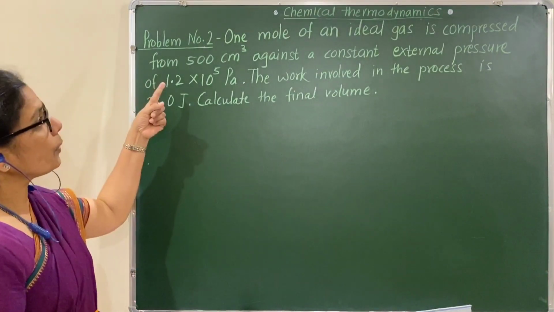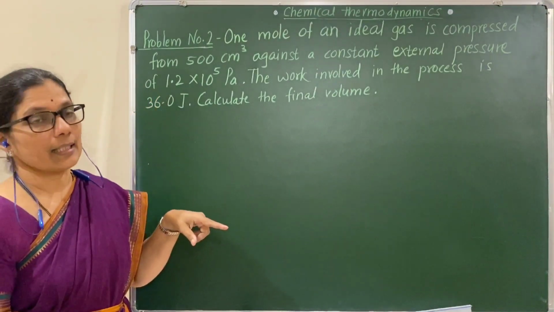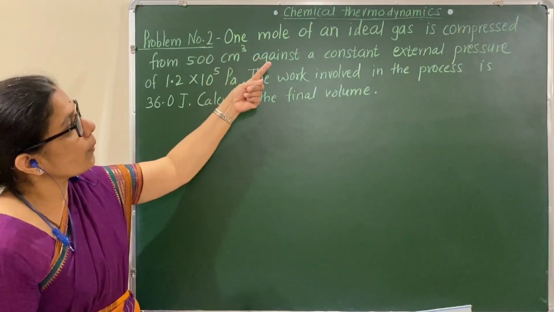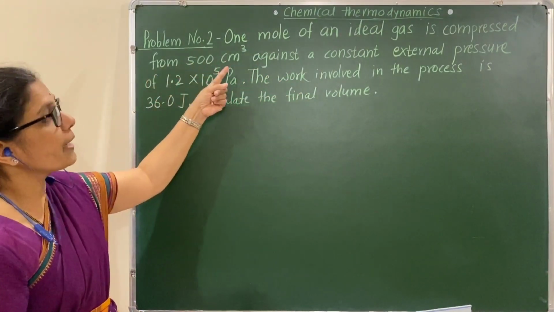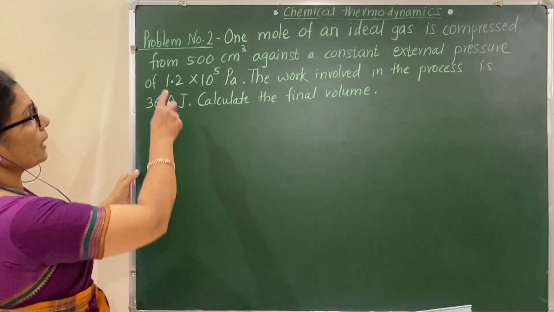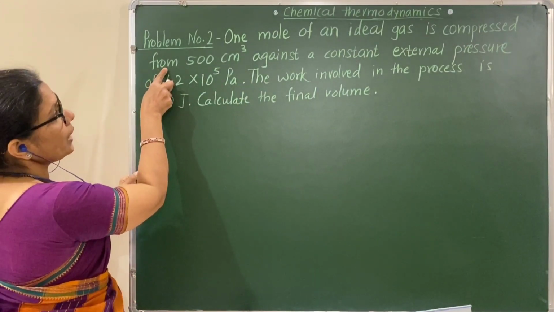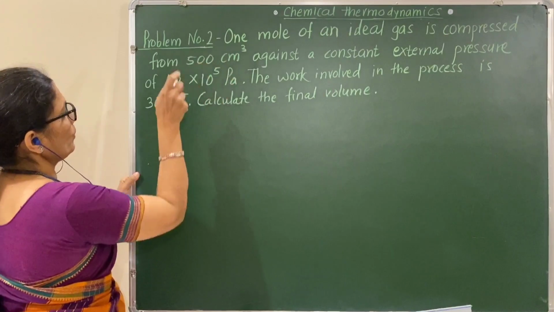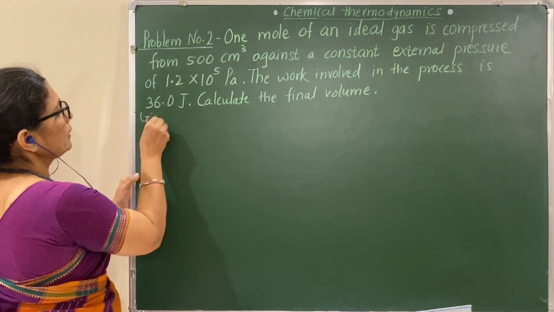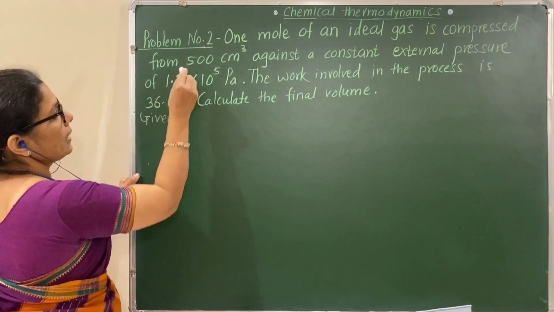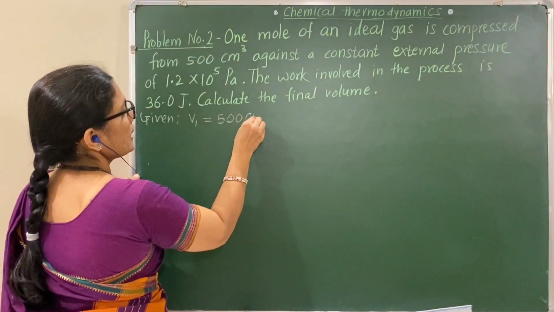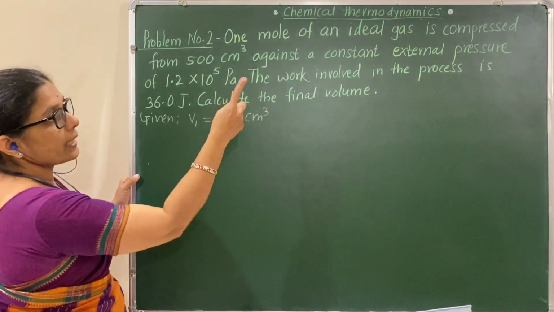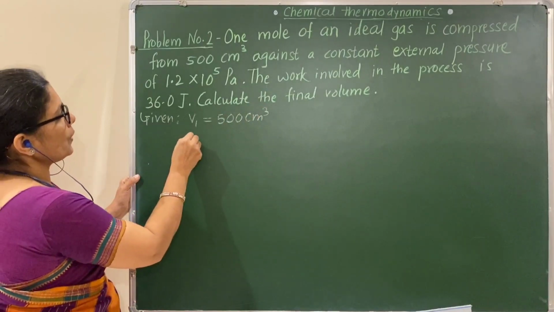Next, second problem. Now it is from the exercise. 1 mole of an ideal gas is compressed from 500 cm cube. Here the initial volume is given: V1 is equal to 500 cm cube, against a constant external pressure.